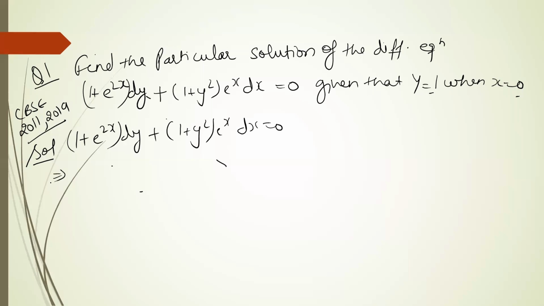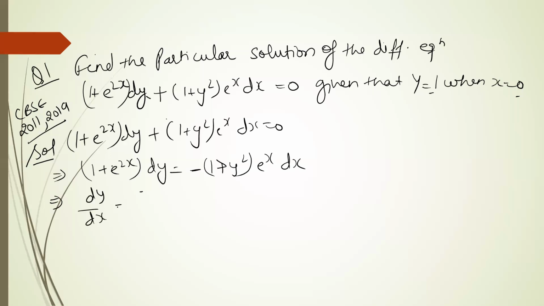The problem can be written like this: 1 plus e to the power 2x dy equals to minus 1 plus y square e to the power x dx, which can further be written as dy by dx equals to minus 1 plus y square e to the power x upon 1 plus e to the power 2x.